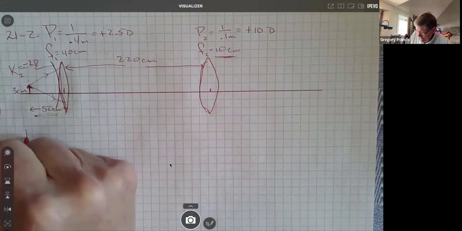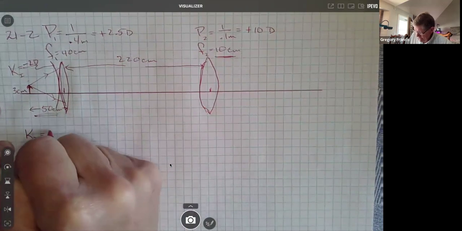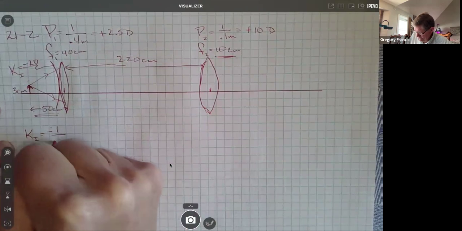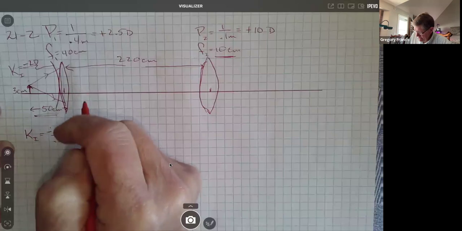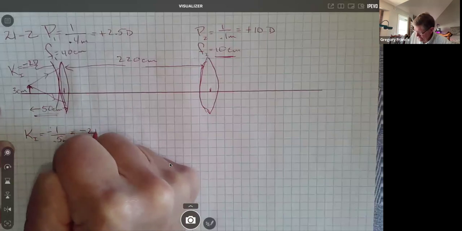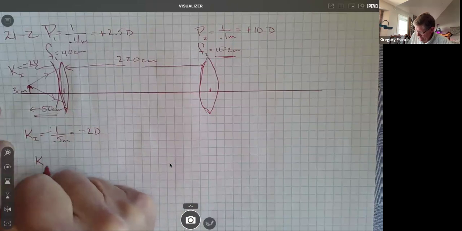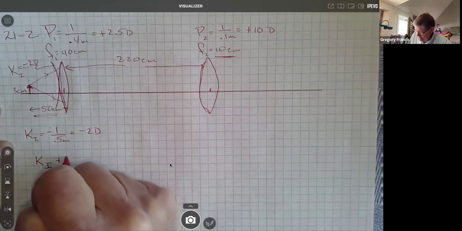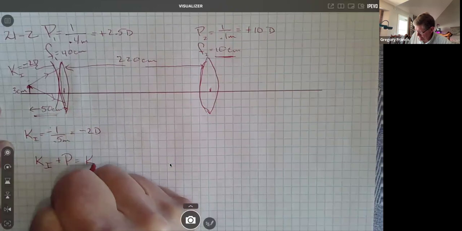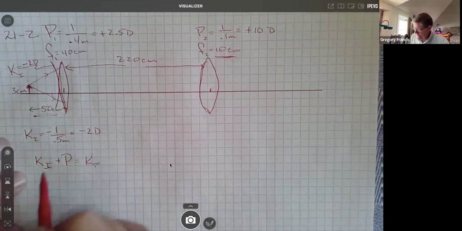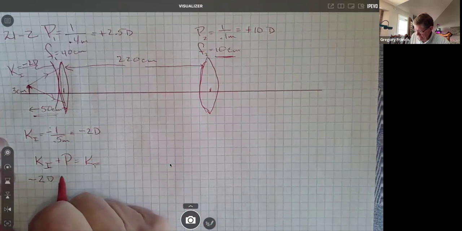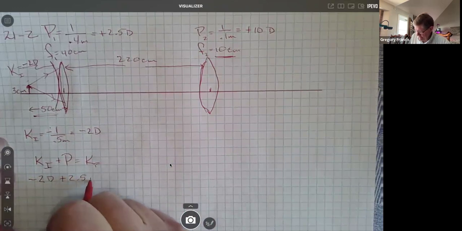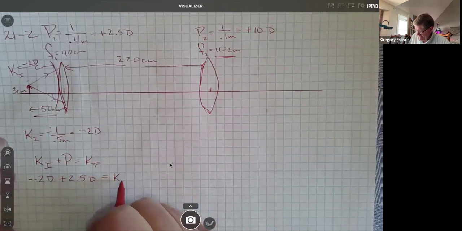So K initial is going to be -1 over 0.5 meters, and that's going to be -2 diopters. So if I do K initial plus power is equal to K final, I start with -2 diopters, and I add 2.5 diopters, and that's going to give me K final.